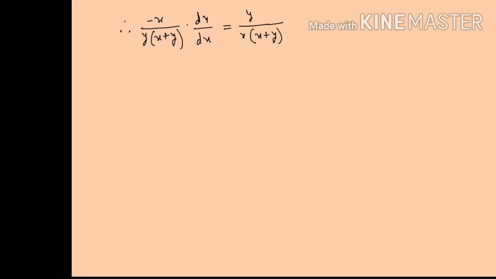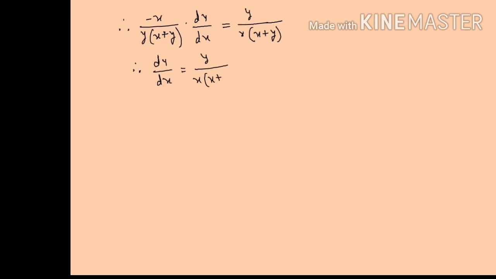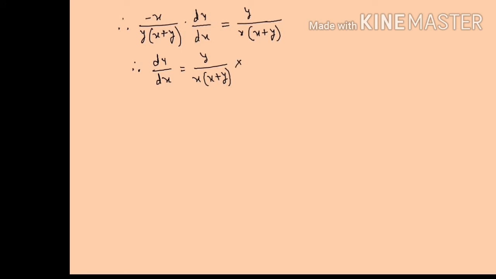And we have to find dy by dx. So we write therefore dy by dx is equal to y upon x into x plus y, and bring this LHS term on the RHS side. So you have to take the reciprocal of it.